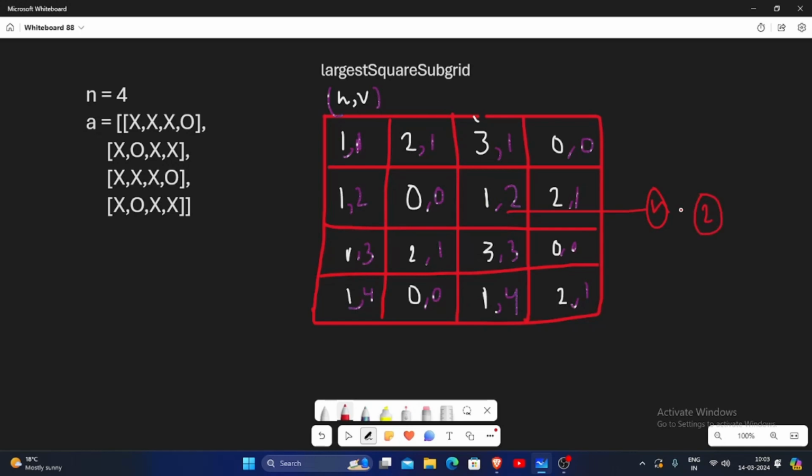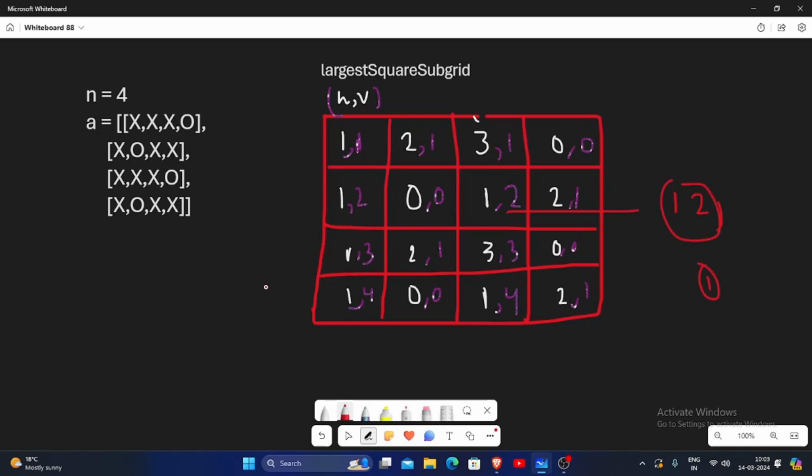And the vertical, sorry, 1 is the horizontal one. So the maximum I am forming here would be 1 horizontally, and vertically I am forming 2. And the minimum of them would be 1.